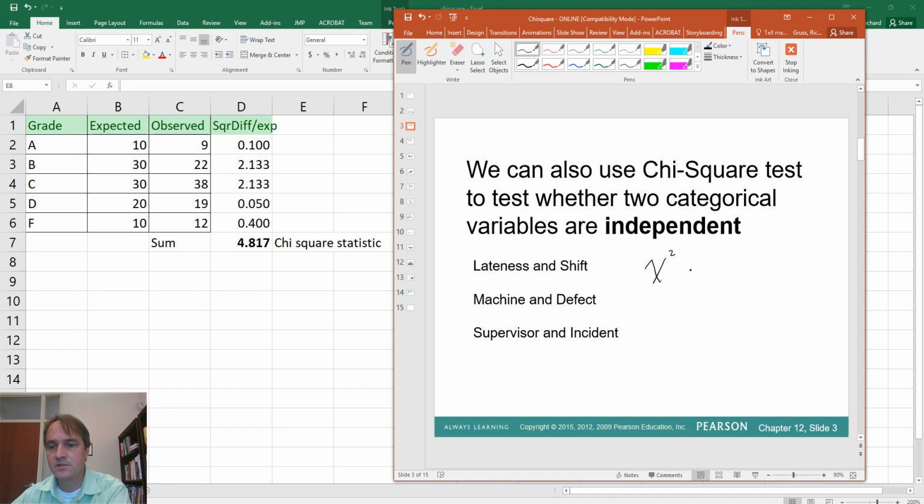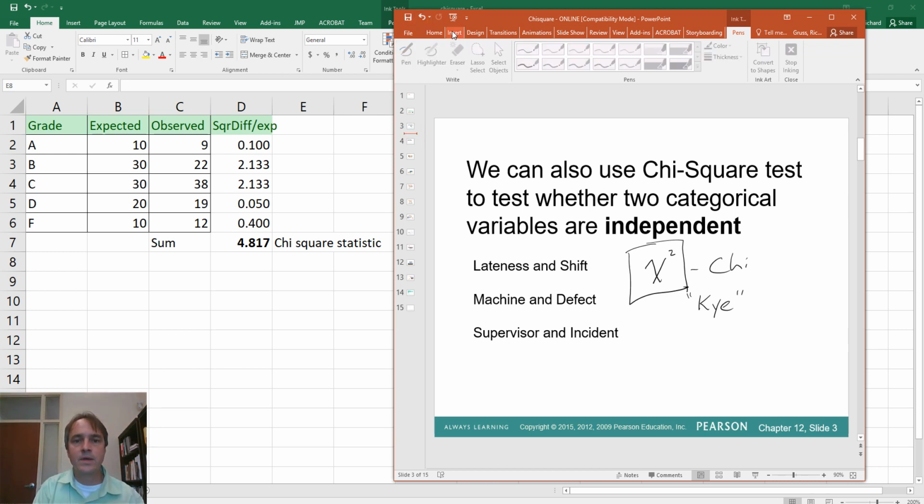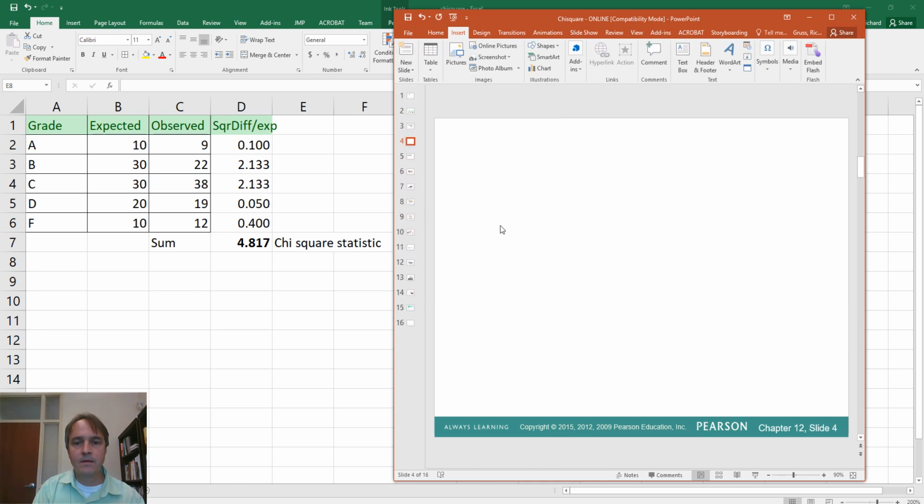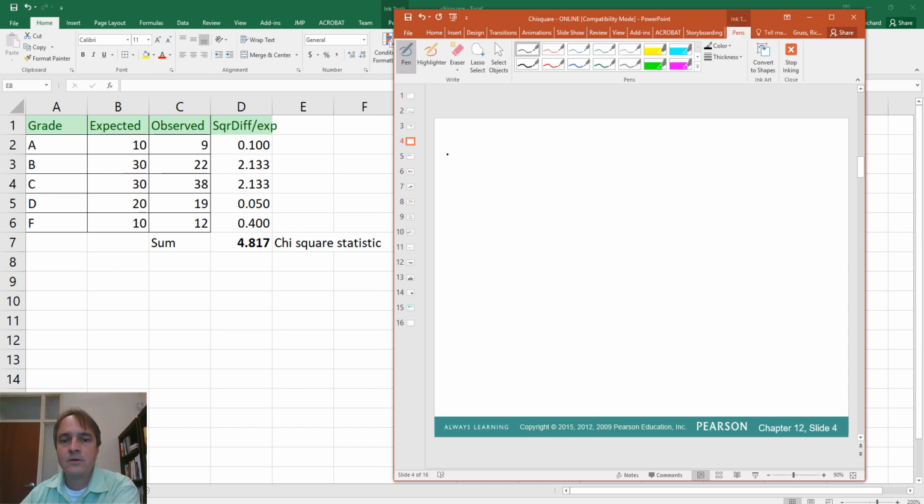This is the Greek letter chi, and it's pronounced, I guess, K-Y-E. So it's chi squared. All right, so it's a chi-squared statistic, and you remember that we had, so we're getting more and more of these statistics now, and we had our z, which was a two-tail, right?